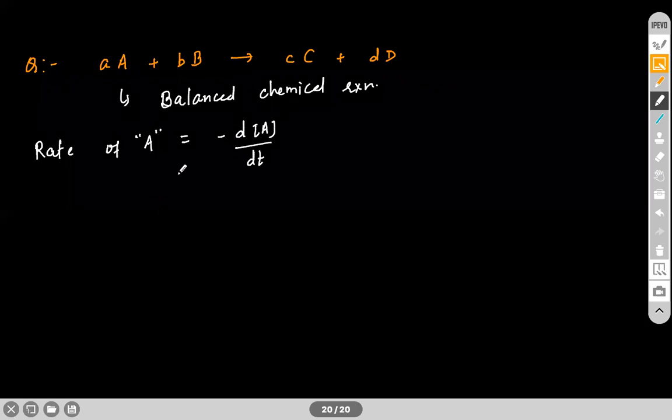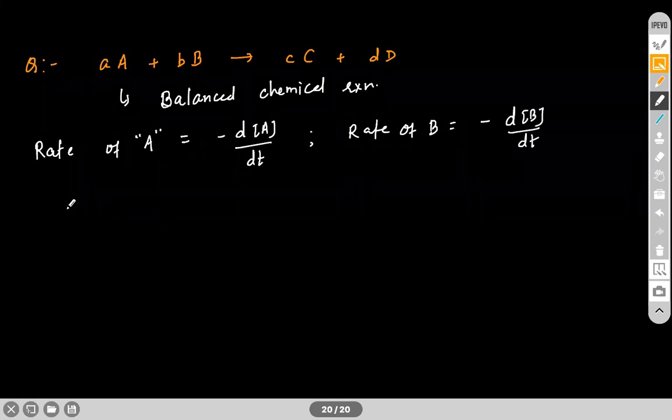Rate of B: again minus dB by dt. Rate of C: C is the product, so we write plus dC by dt.